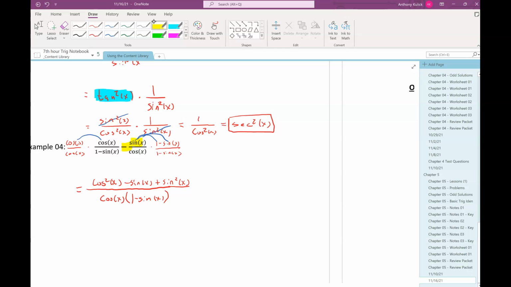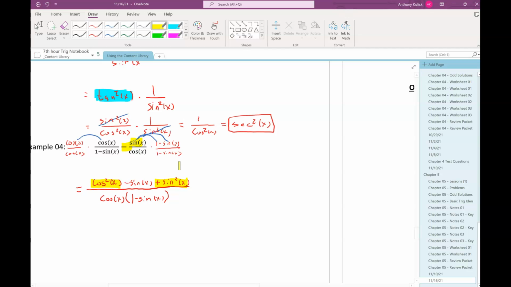No, because the numerator's not factored. If you had it factored and you had a sine over cosine in there somewhere, then yes, you could do that. Here's the trick. Cosine squared plus sine squared, that's the Pythagorean identity. Do they have to be next to each other if they're being added? No, right?